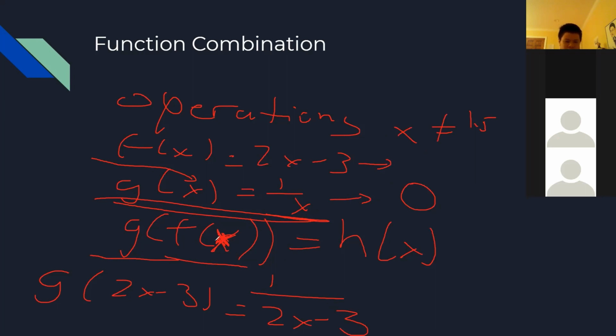Moreover, the range of f(x), which is what f can produce, and the domain of g(x), what g(x) can intake, must have at least one value in common, because otherwise anything f(x) produces can't go into g(x).